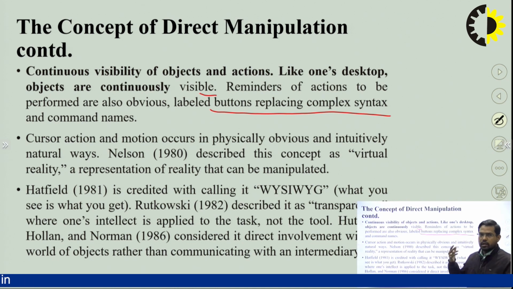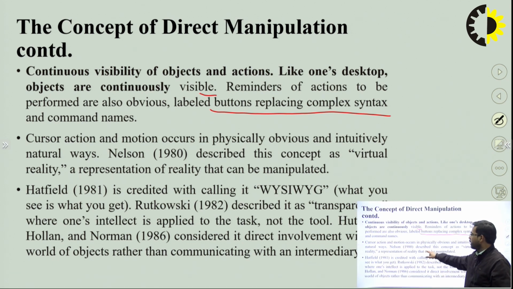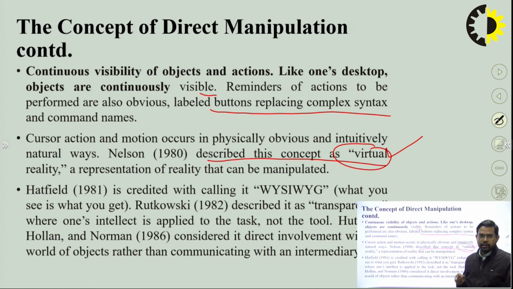The mouse cursor action and motion occur in physically obvious and intuitively natural ways, just like our hand and eye movements. Nelson in 1980 described this concept as virtual reality, a representation of reality that can be manipulated. The term virtual reality was introduced in 1980 by Nelson. Similarly, Hatfield in 1981 is credited with calling it WYSIWYG, meaning what you see is what you get.